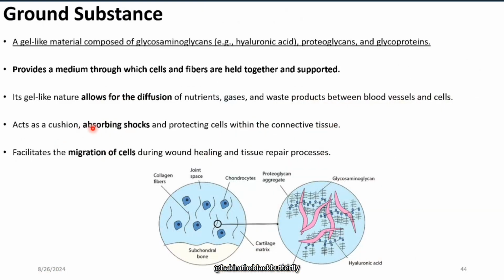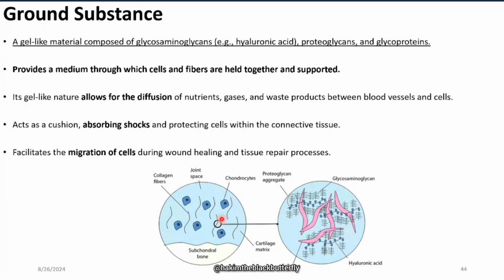Shock absorption, mostly in cartilages, because this medium is going to be made up of water, and it will make the cartilages soft to allow easy shock absorption at joints. Diffusion of nutrients between the cells is going to be aided by this ground substance.